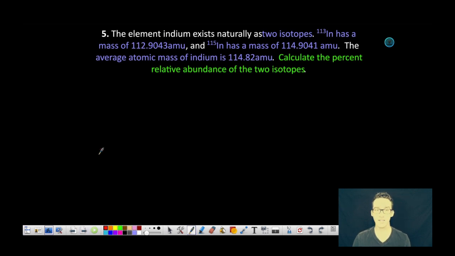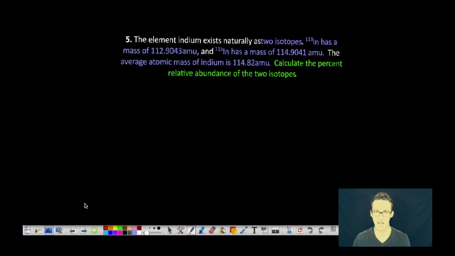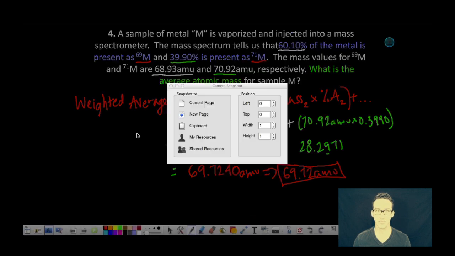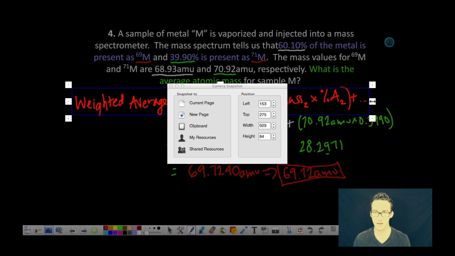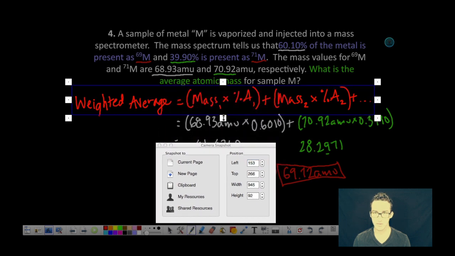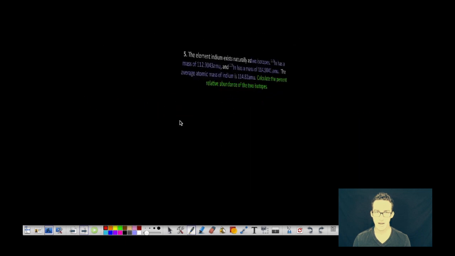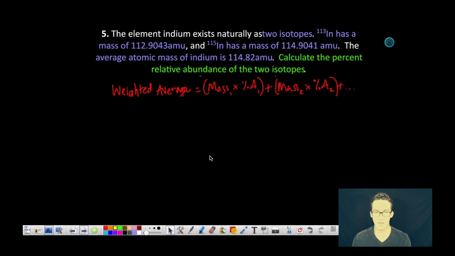So, very similar problem to the last one, in as much as we are going to use the same formula as we did in problem number 4. So I'm going to come back here and grab this formula so that we can use it here in problem number 5. The difference with this problem is that we're given the weighted average.